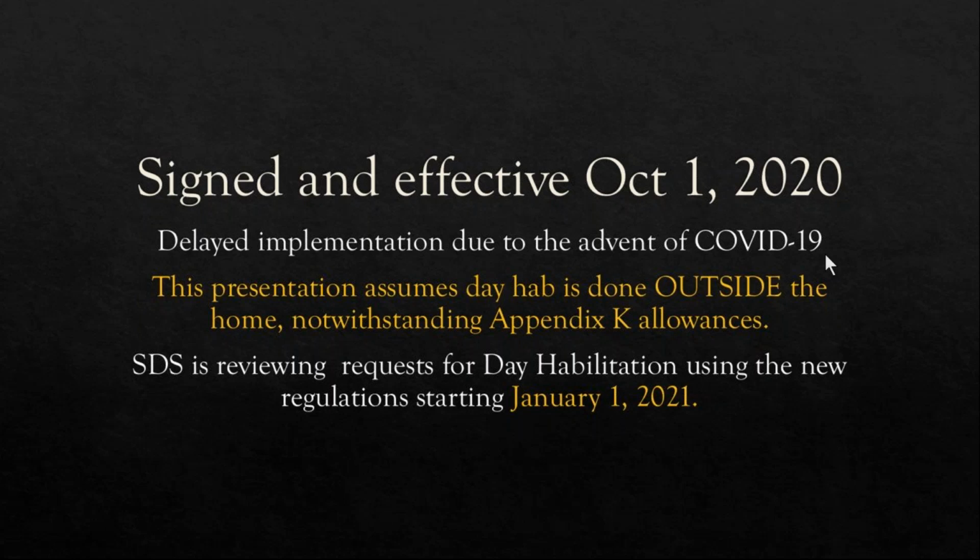So what we're talking about here is a standard understanding of the regs without exceptions like that. And to offer you a framework through which to evaluate how the regs are awarded and evaluate people's need for habilitation rather than where it occurs. Okay, so this is not really about the Appendix K part.